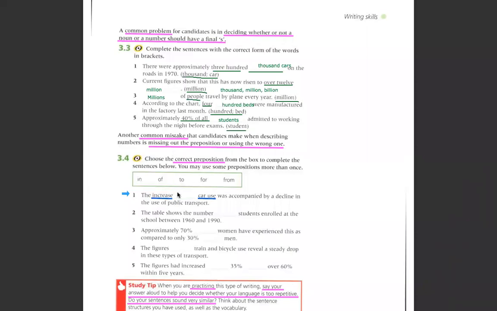So the correct preposition is in, not of. If it was just cars, of would be correct, the increase of cars. But here we're talking about car use. So it's in. What about number 2? So we have the word number and the word students.